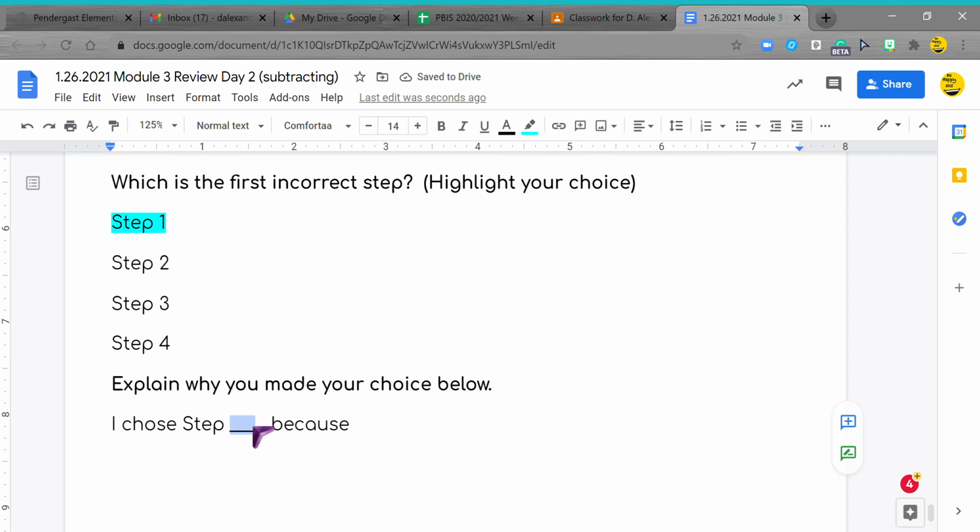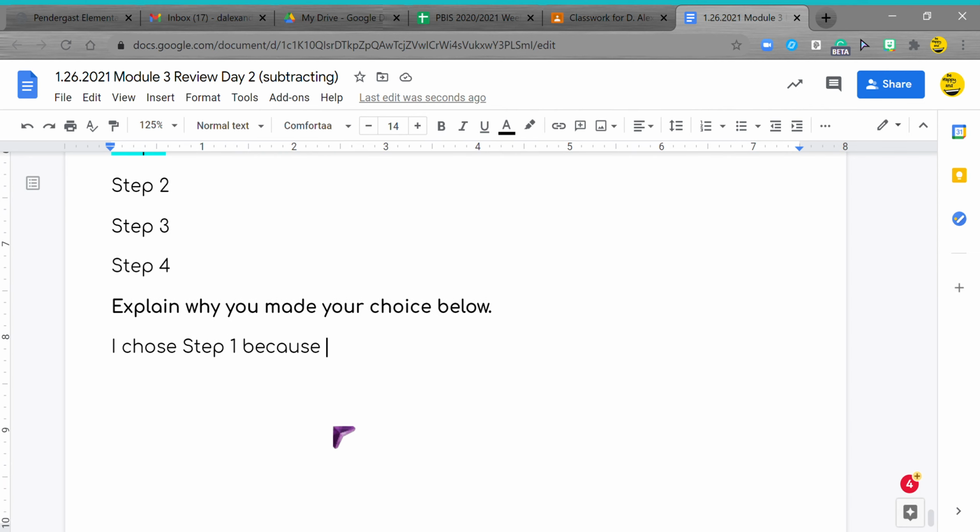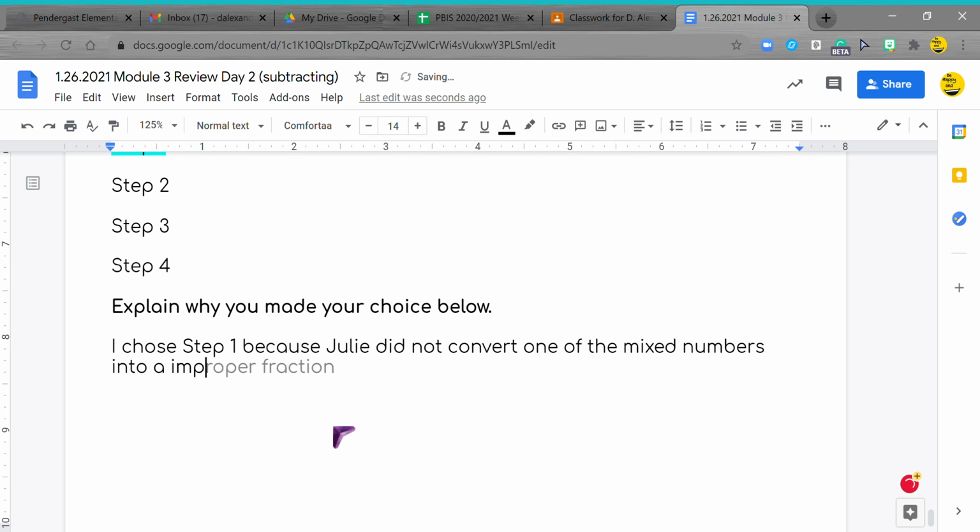Step 1, because Jilly did not convert one of the mixed numbers into an improper fraction appropriately. She did not leave her denominator.